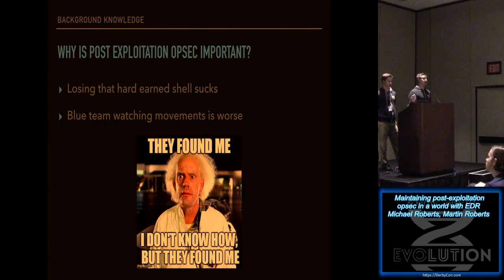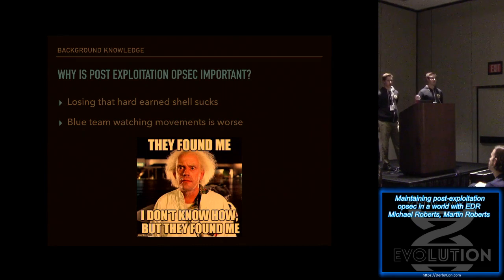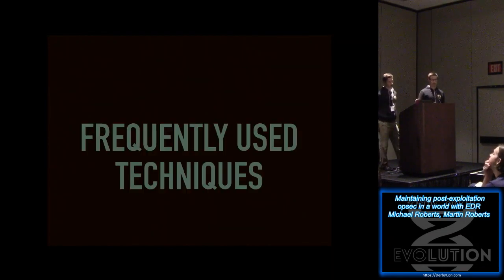Second, if you do lose your shell because an endpoint detection product flags your actions, then the blue team is, one, aware of what you're doing, and two, watching you. The next steps might be to prevent the way that you got in the first time, and also watch your actions across the network, and generally they're going to be more suspicious. So you do not want to get flagged by the blue team when you're performing red team operations.